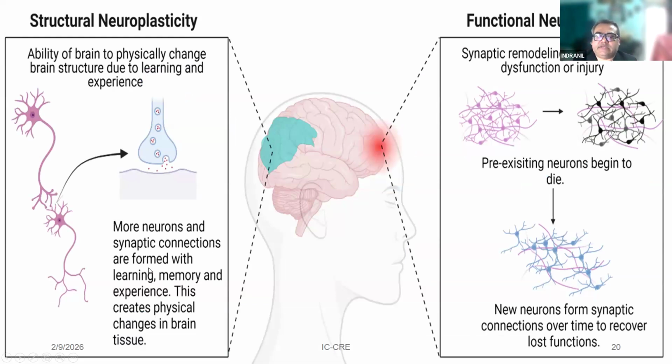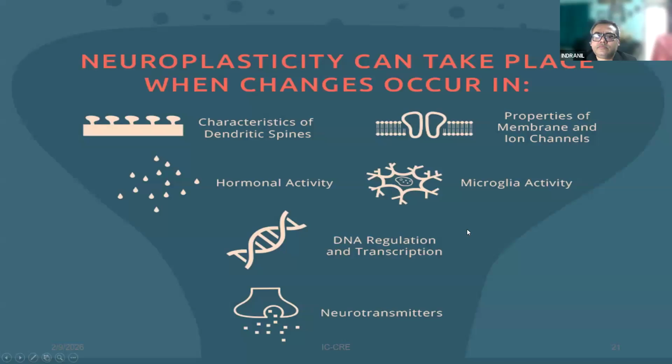More neurons and synaptic connections are formed with learning, memory, and experience. This creates physical changes in brain tissue. So we use a lot of structural neuroplasticity when we provide auditory stimulus for learning in therapeutics. And functional neuroplasticity is basically synaptic remodeling, sometimes pruning, also filtering.